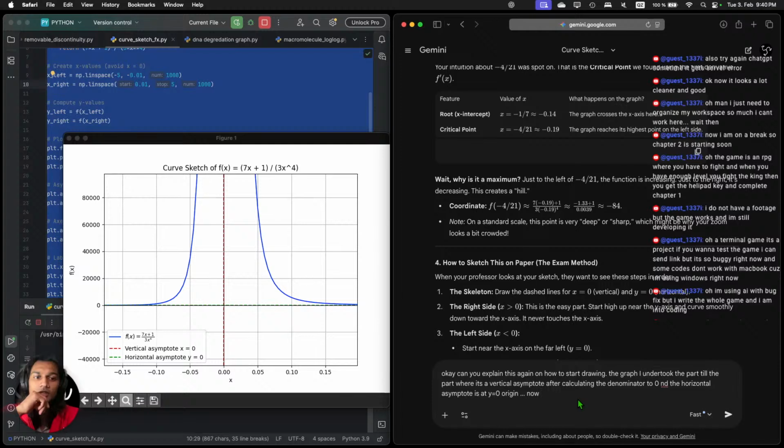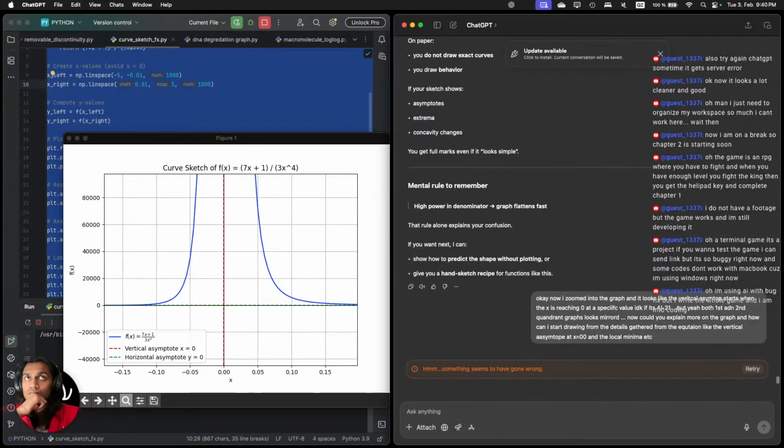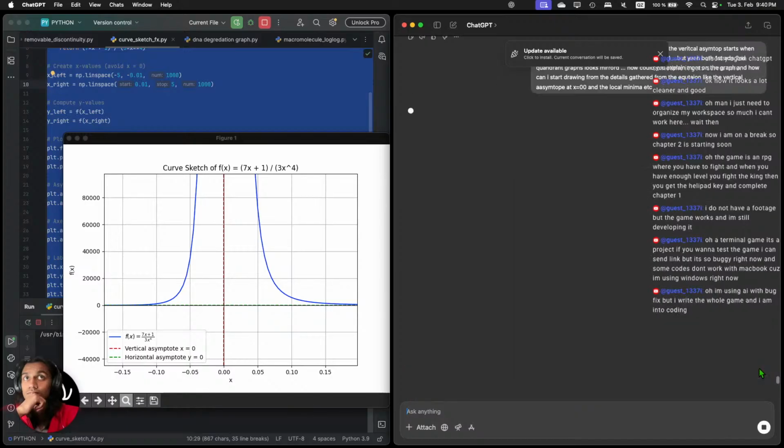Also, try again ChatGPT. Sometimes its servers get a server error. It's been a long time since. I think this is the first error I'm getting in 2026.